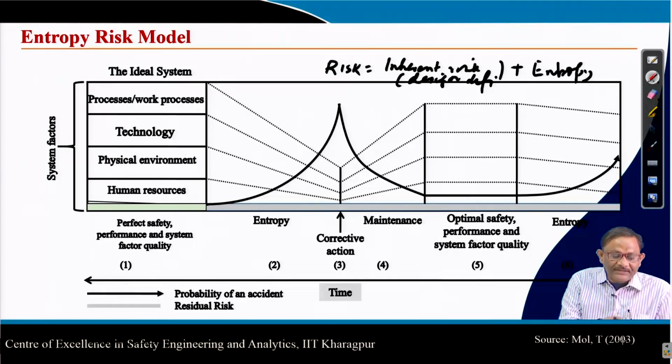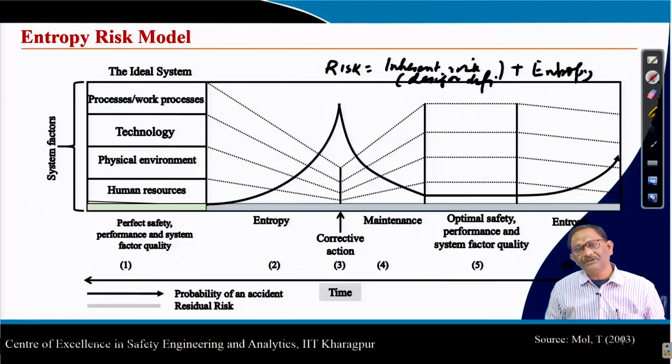The concept is that for any system there will be several components. Usually we understand components in terms of technology. Under technology, equipment, machine, software all come together. Then the physical environment, basically the physical facility where the work goes on.